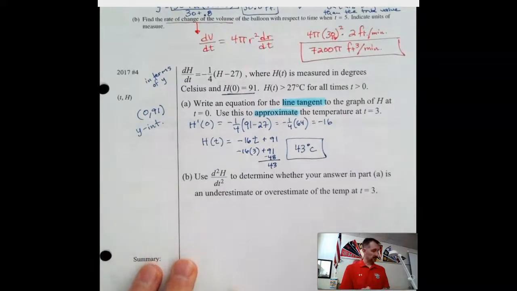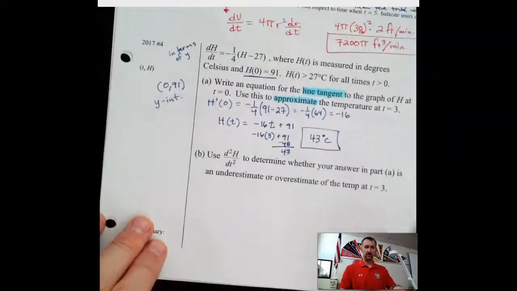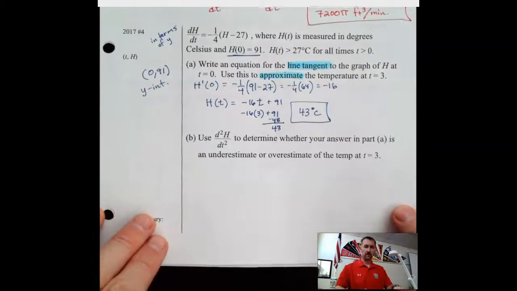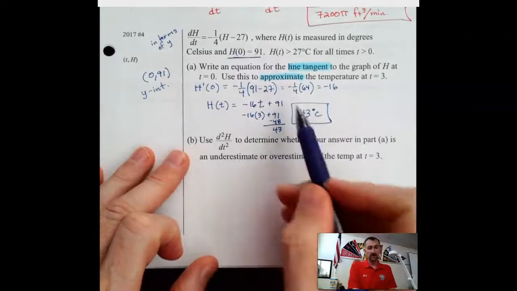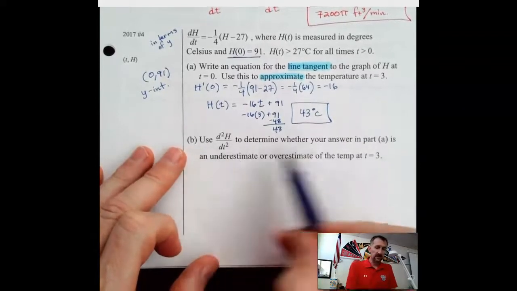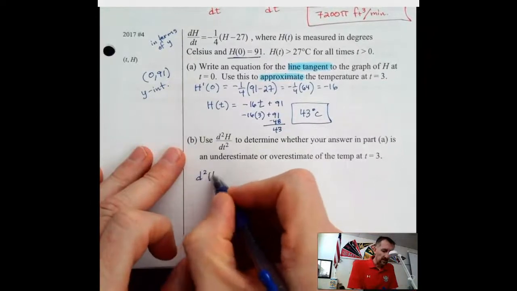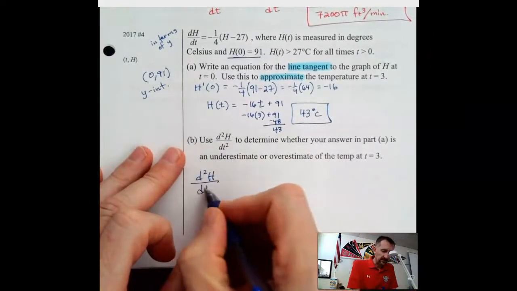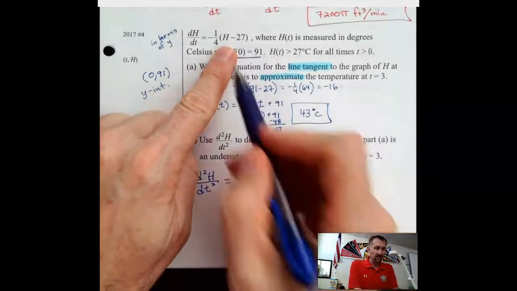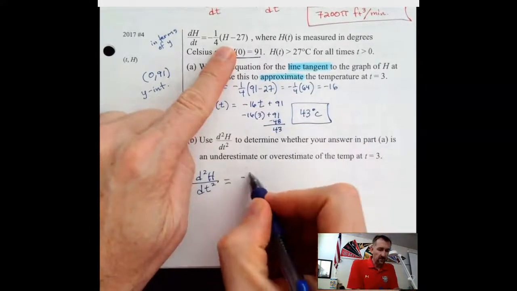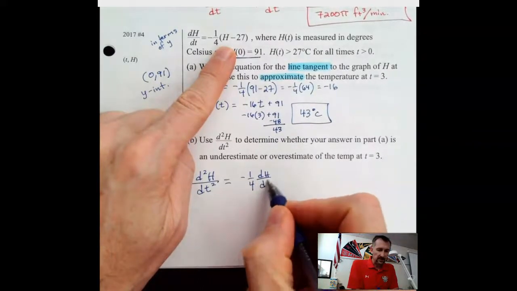Okay? Now, we're going to go ahead and do this other part of this question too, because it's valuable. So it says use the second derivative to determine whether that's so. Let's just find the second derivative instead of talking about it. So the derivative of this is going to be negative 1/4 dh dt.